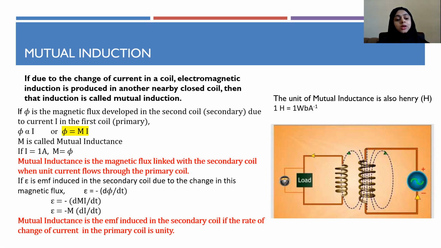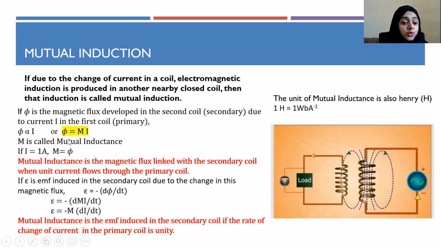Okay, so the definition is similar, but you have to mention here secondary coil and primary coil appropriately when you define mutual inductance. So mutual inductance is the magnetic flux linked with the secondary coil when unit current flows through the primary coil. We got this definition from this equation.